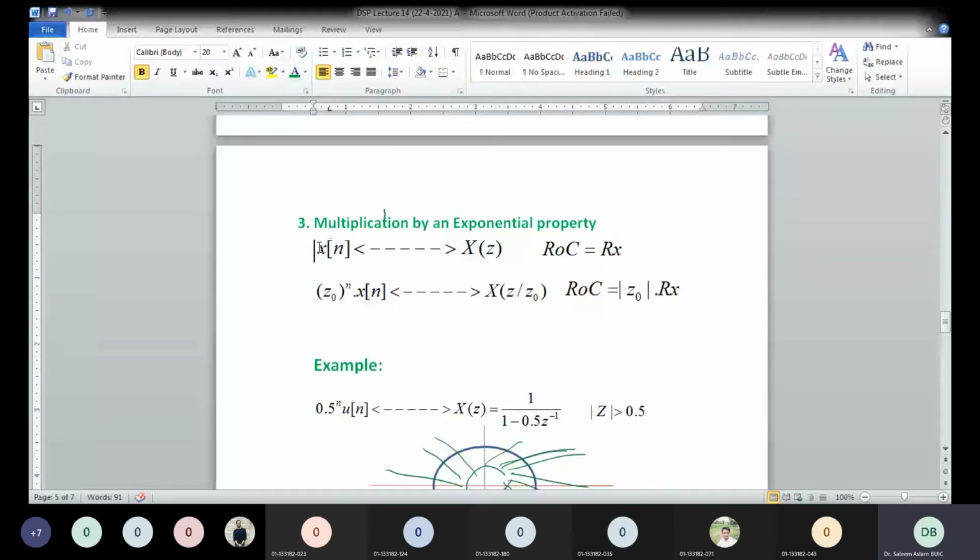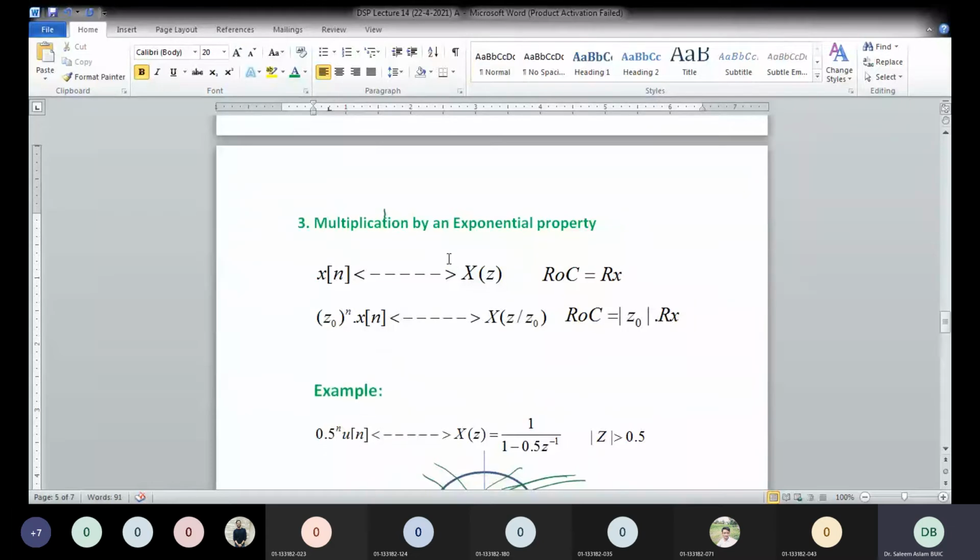What this property says is that if you have x of n and you know its Z transform X of z and region of convergence Rx, if you multiply x of n in the time domain by z naught raised to the power n, it's similar to the multiplication by a complex exponential e to the power j omega naught. So your Z transform expression would be changed to X of z over z naught. Wherever you have a z, you will divide z by z naught, and your ROC will also be multiplied by this z naught expression.